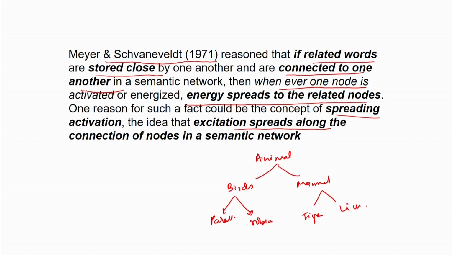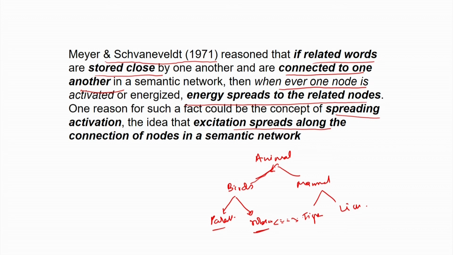Since birds and mammals are not connected to each other, when somebody is accessing the animal node, the activation that flows to the bird should excite both parrot and robin at the same time. Robin may not be connected to tiger in any way, but if they are connected in some way, it is very difficult to explain what it is, but they might both be coming from animals, and so some kind of connection would spread between them.